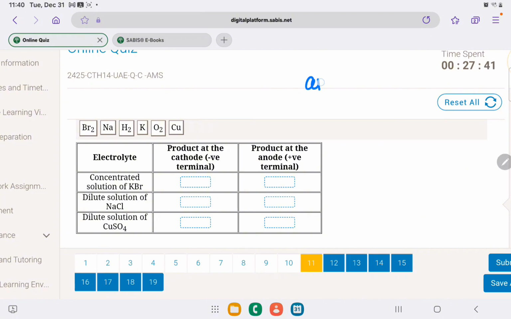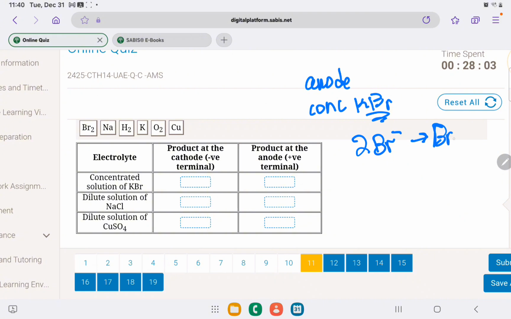Okay, so at the anode, again we have the solution concentrated KBr. At the anode, is it made of Cu or Ag? No. So is it made of concentrated I, Br, or Cl? Yeah. So the equation is gonna be 2Br minus to give Br2 plus 2 electrons.